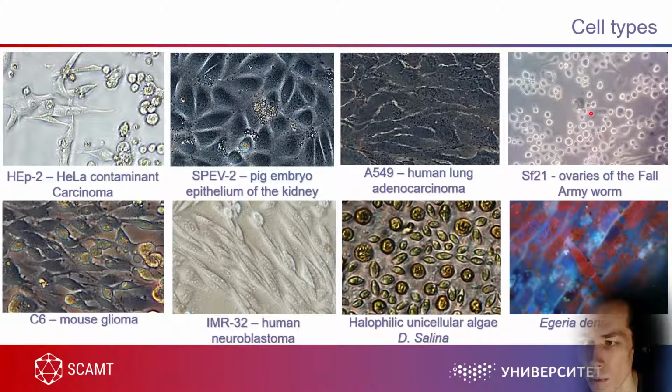It can be even some insect cells, plant cells, and so on. And most of the cells can be used, and there's an enormous amount of different cell lines in nature now.